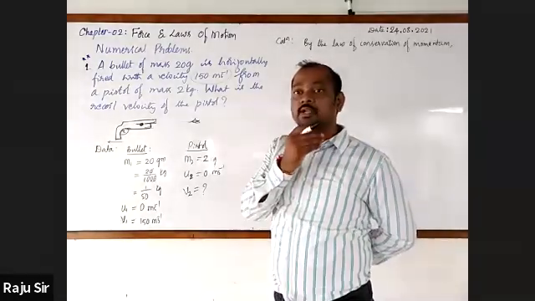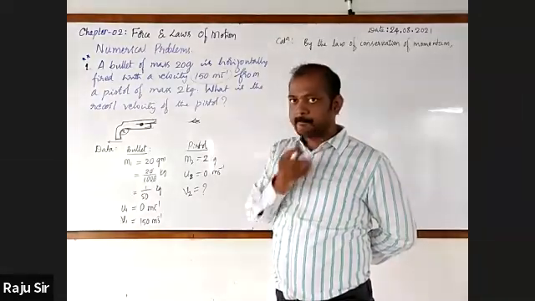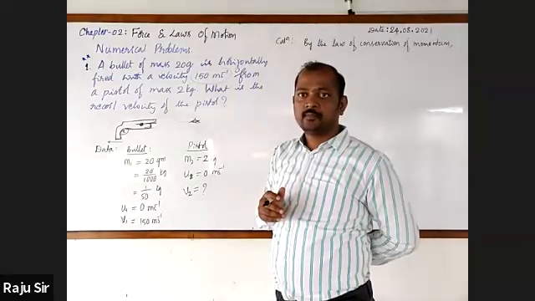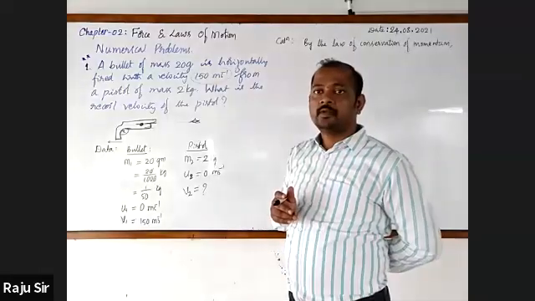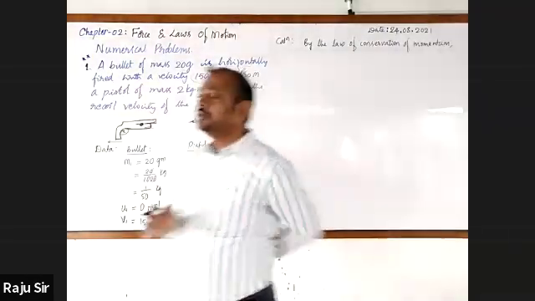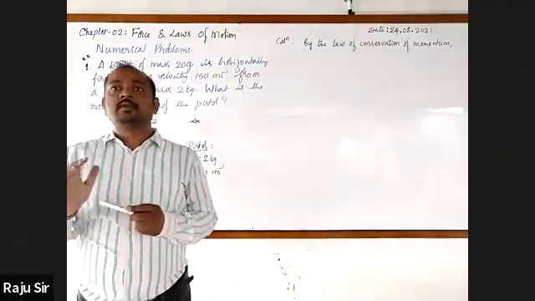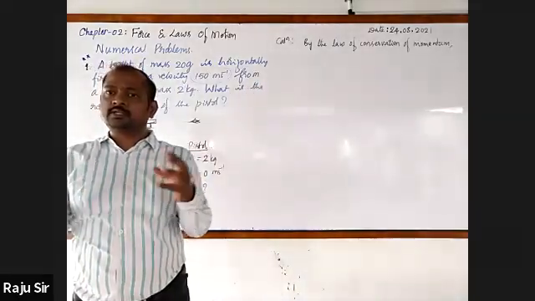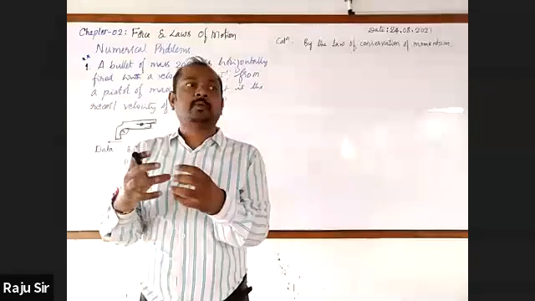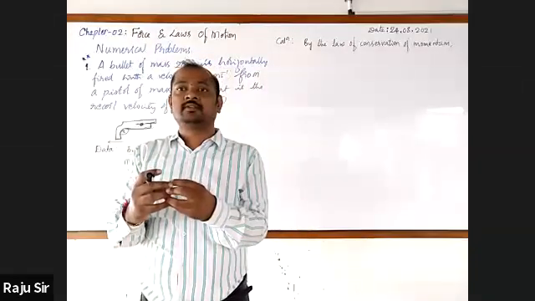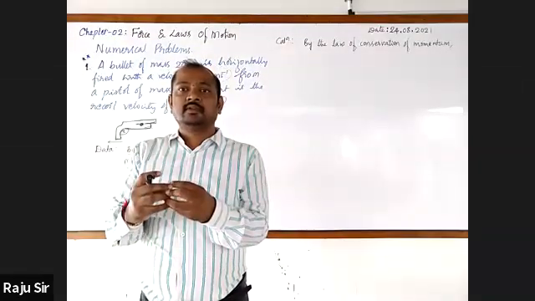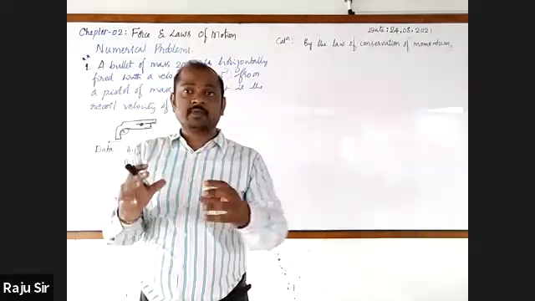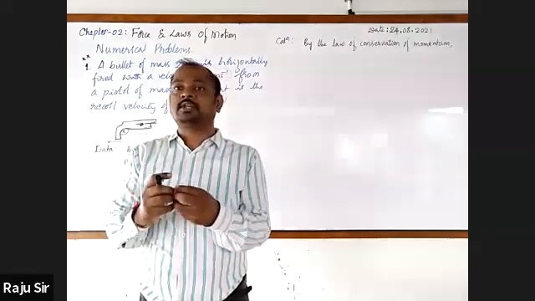All right, once you tell. There nothing is colliding, sir. How can we take the law of conservation of momentum? See, the law of conservation of momentum, don't think that it is applicable only when the bodies collide with each other. Just for the sake of explanation, we had taken the collision.